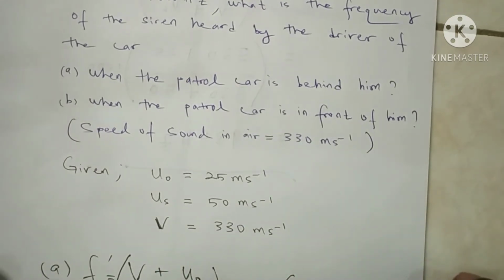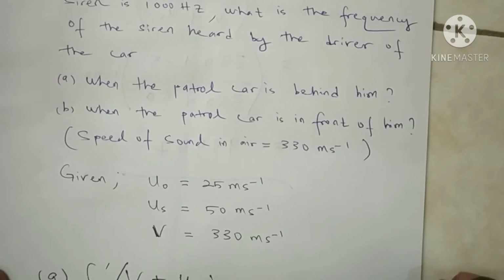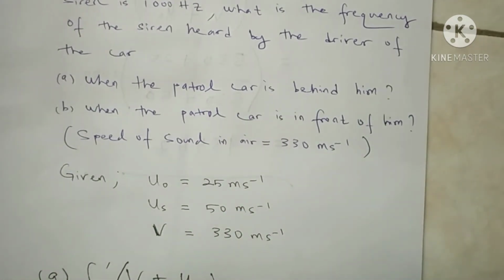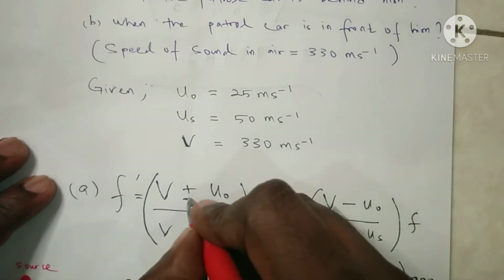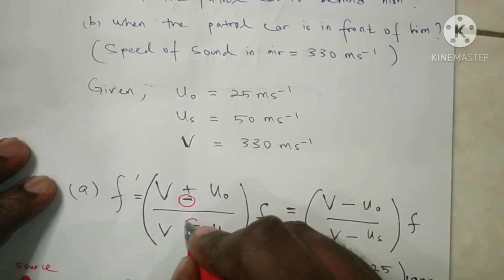So the source is behind the observer, because the patrol car is behind him. So the source is left behind. When the source is left behind, the numerator will be negative and the denominator will be negative too.